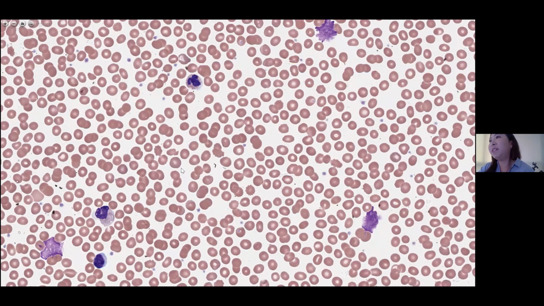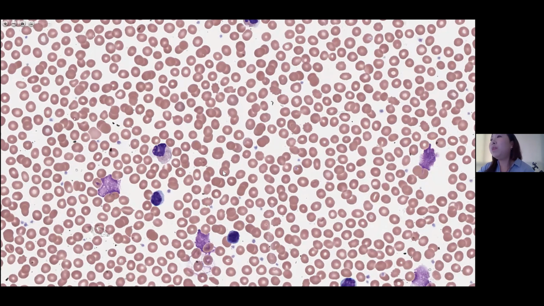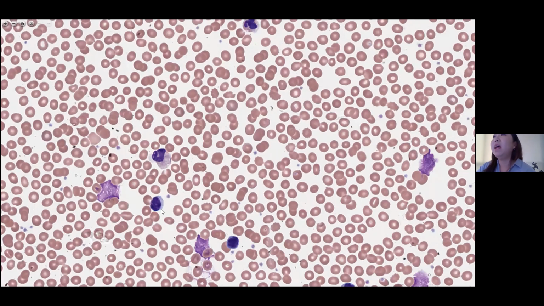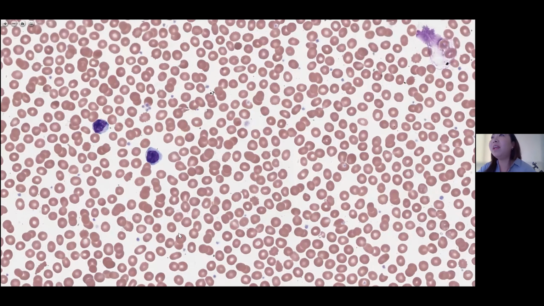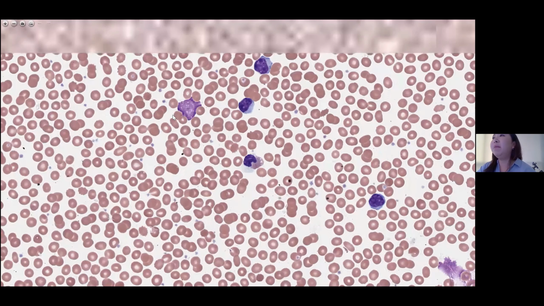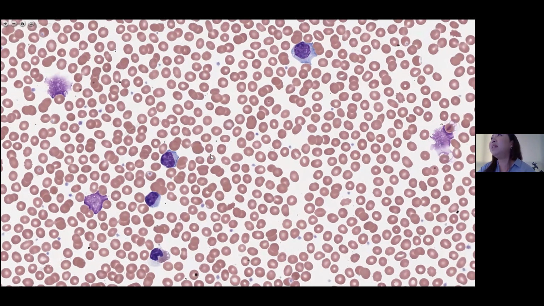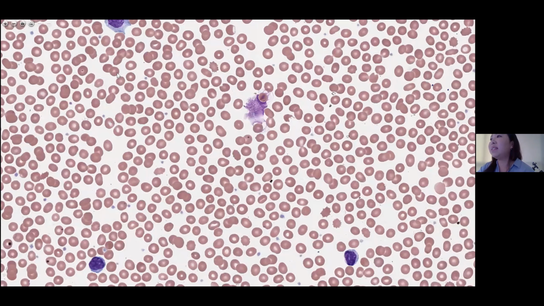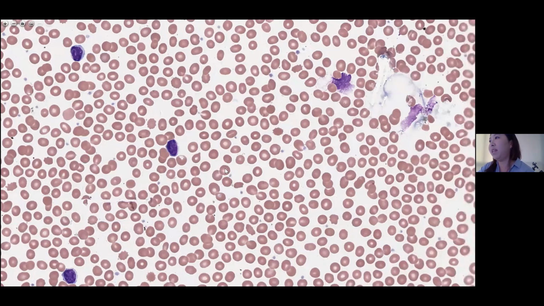And in diffuse large B-cell lymphoma, you would see very irregular nuclei, right? And usually they can be vacuolated as well, with immature chromatin, and you don't see necessarily that in these larger lymphocytes.